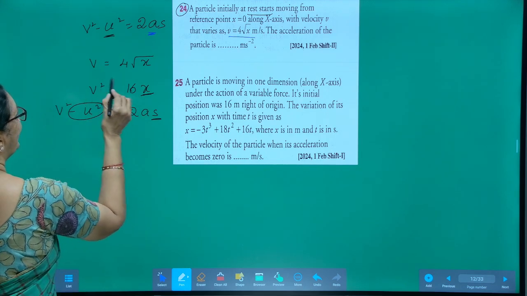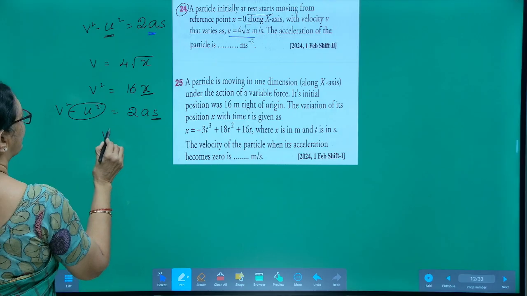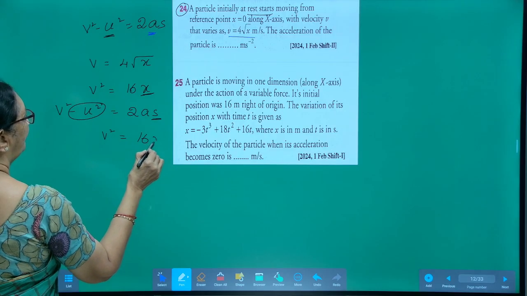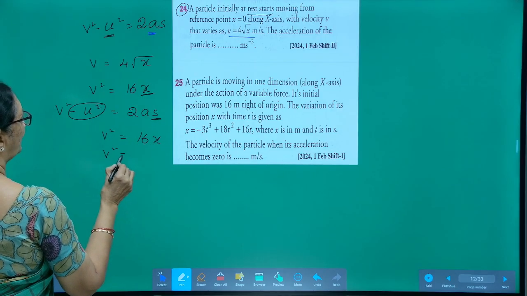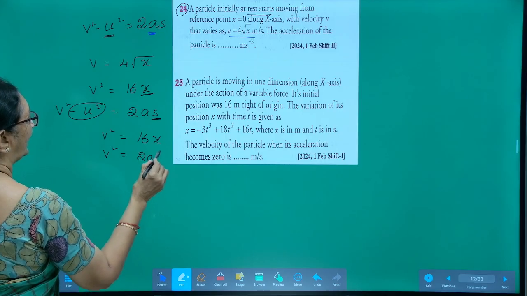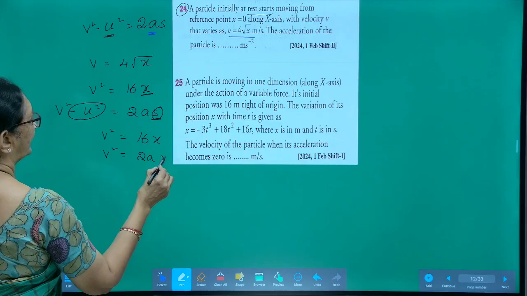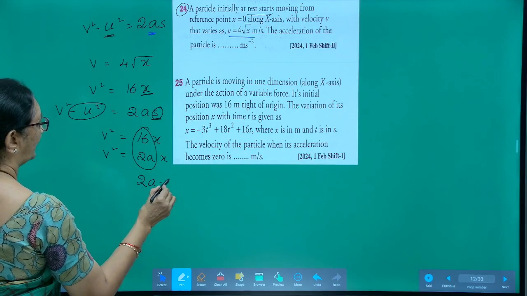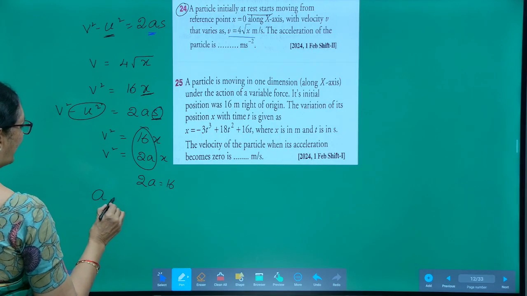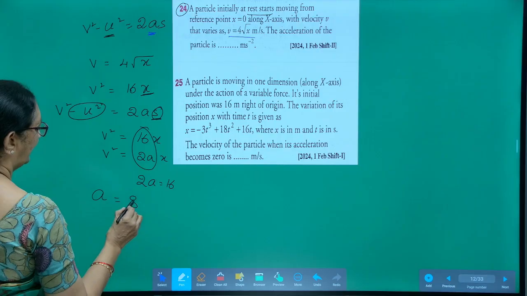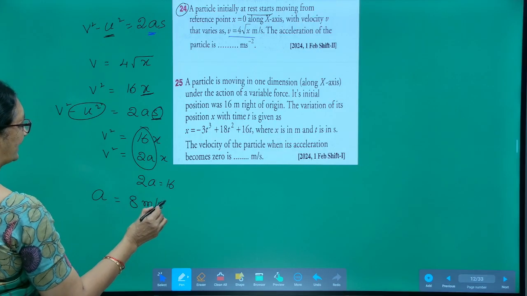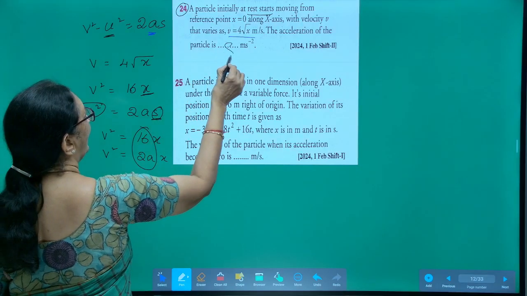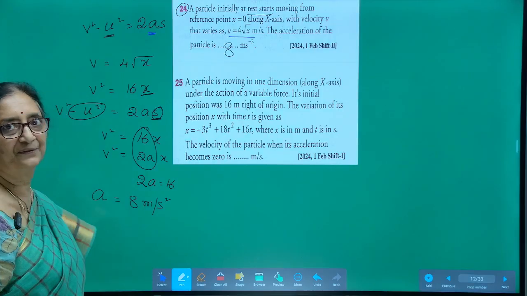So v square is 16x, compared with v square equal to 2a times x, gives 2a is equal to 16, which implies acceleration is 8 meter per second square. So the answer is 8.